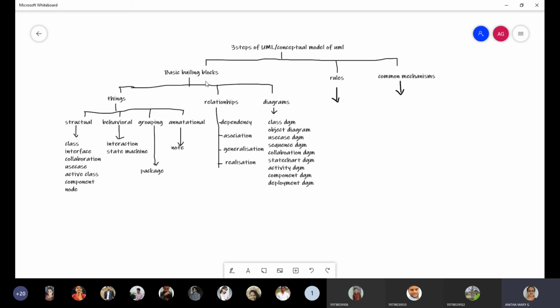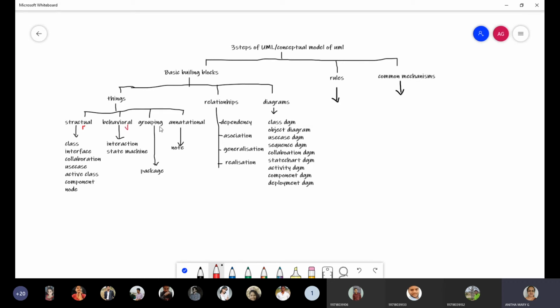Under basic building blocks, what we studied: things, relationships and diagrams. Coming to things, we have structural, behavioral, grouping and annotational. Structural things are like nouns, and behavioral are like verbs.